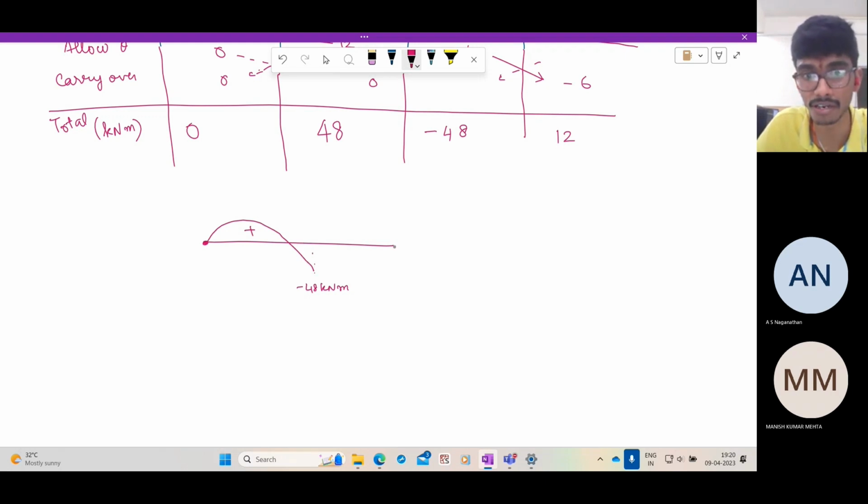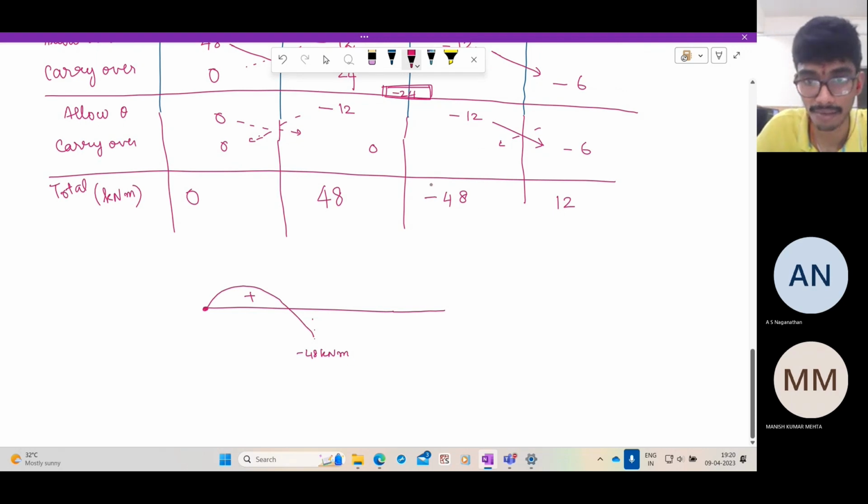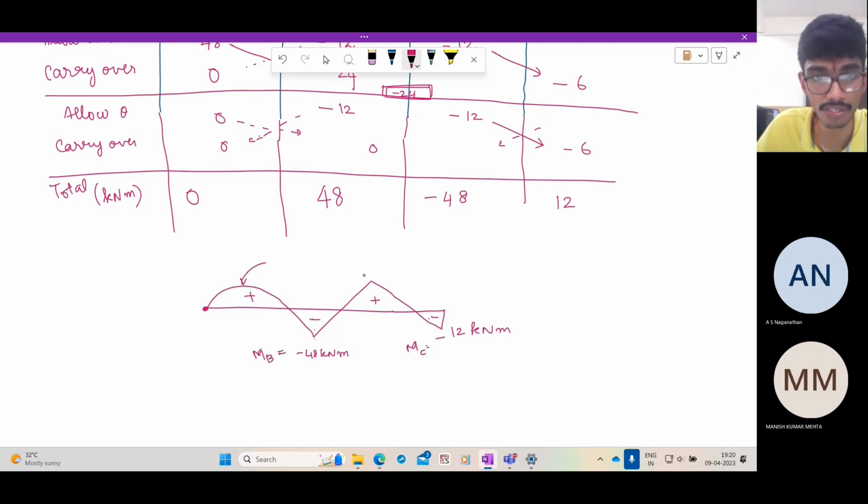But when you use the displacement method, you need to take the signs according to clockwise as positive. In the other span, the moment is 12 kilonewton meters, which is hogging. So MB is equal to this and MC is equal to this. These values you can compute by superposition as an exercise.